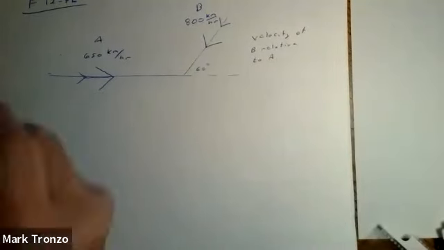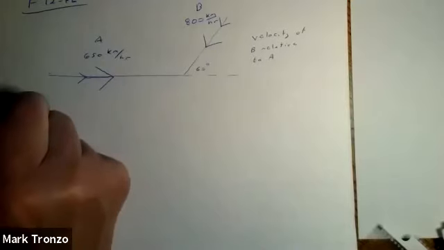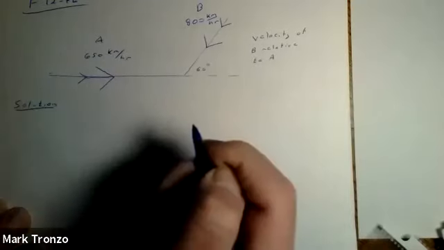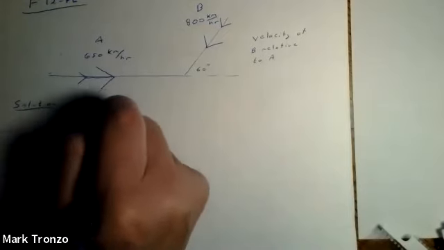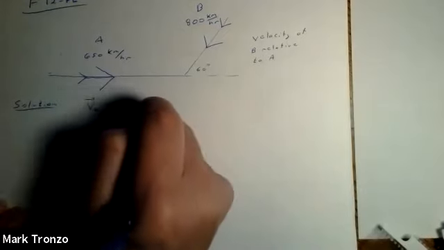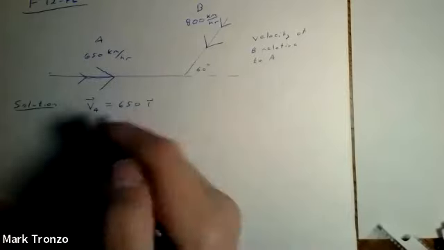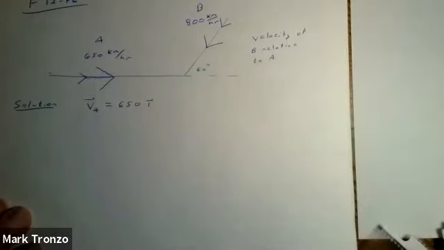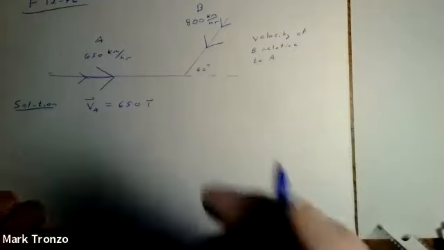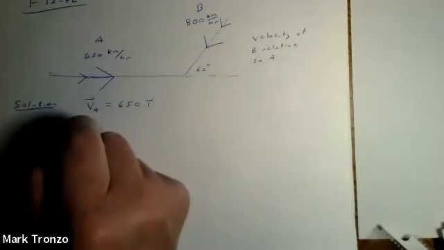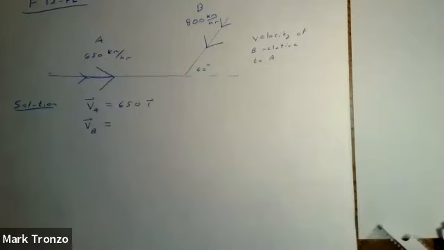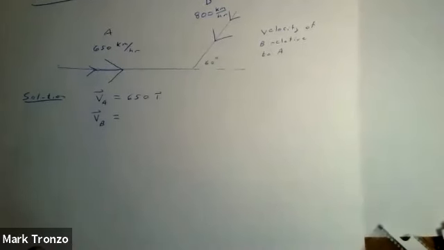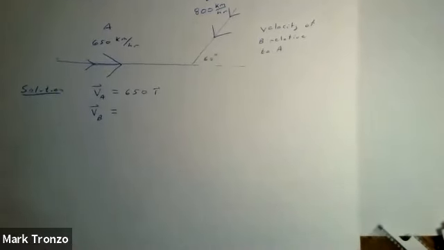And so just like before, the first thing we want to do is make the equations for each one. VA could be 650I, plus you can put the 0J if you want, but it's not really necessary. And velocity of B, what do you think the I component will be?